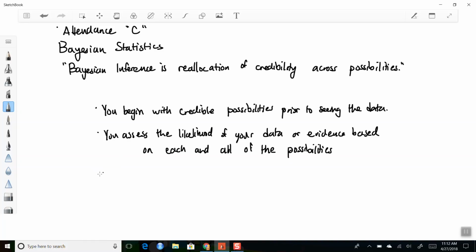And then after you assess the likelihood of your data based on these possibilities, you update, you reallocate the credibility or probability of each of those possibilities.